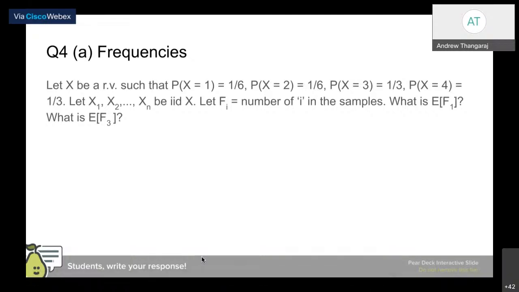To find f1, it is the sum of n things. You have to basically see, is x1 equal to 1, right? Then you add a 1. Is x2 equal to 1? Then you add a 1 to the f1. Okay, so f1 is actually a sum of n Bernoulli random variables. What is that Bernoulli random variable? How do you go from x to that is the question.